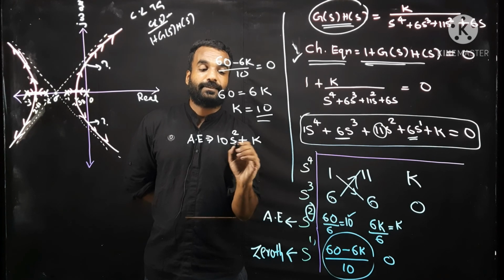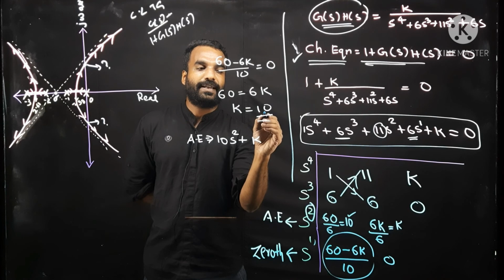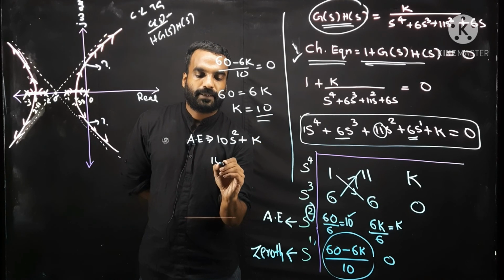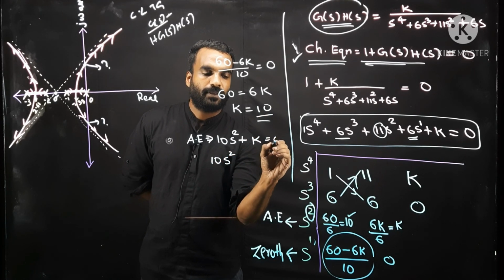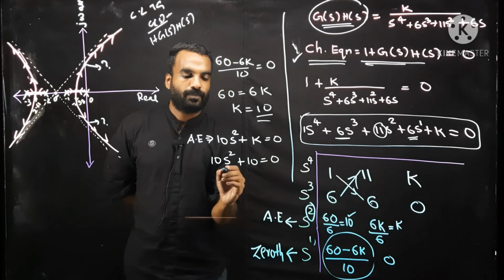So 10s^2 plus k is the auxiliary equation. And the value of k is 10. Put it there: 10s^2 plus 10 is equal to 0.